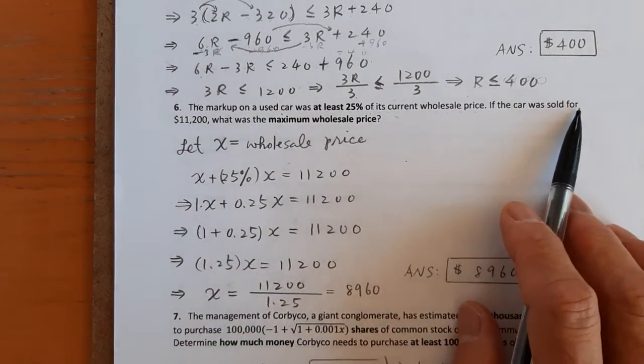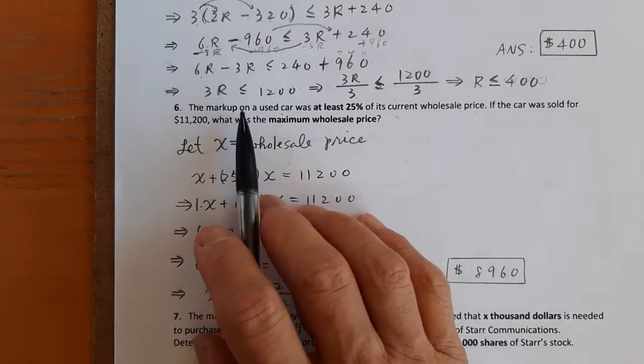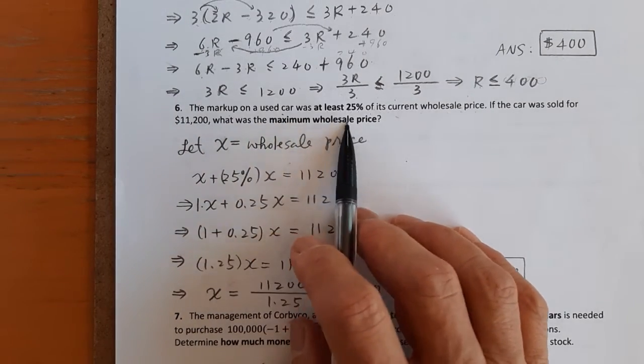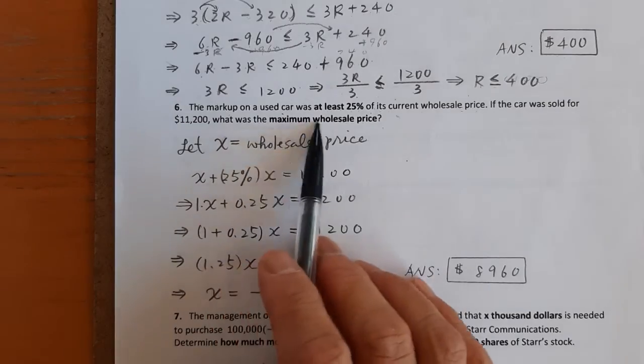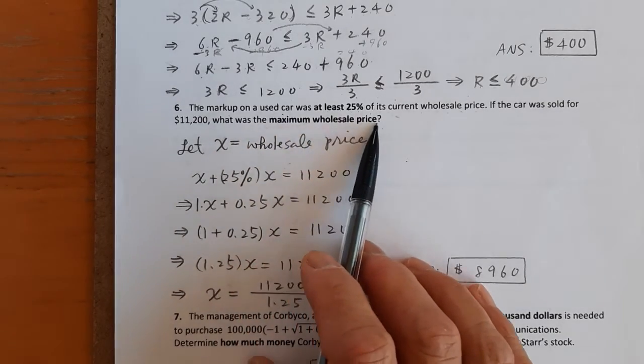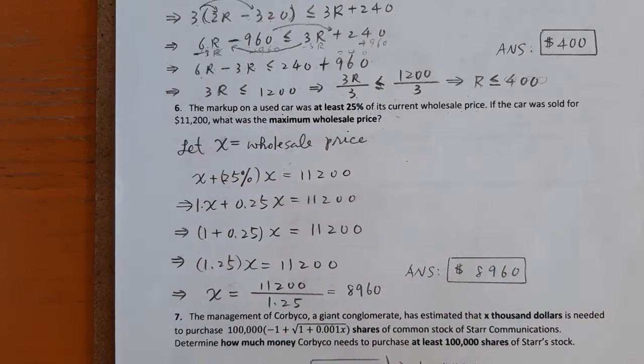So if the car sold for $11,200, it asks you, what is the maximum wholesale price? So we can assume X is the wholesale price. And we solve for X, we get the answer.